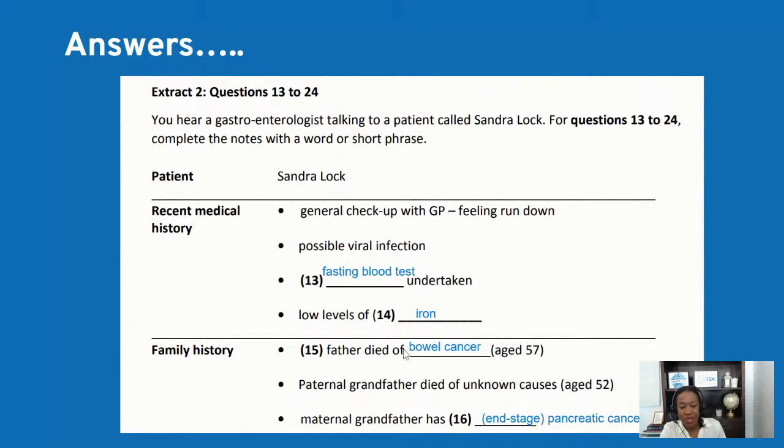And then in terms of the next one, we can think of things that can be found in low levels. You might have anticipated a different answer here. For example, we can have low levels of potassium, specifically here was the low levels of iron.